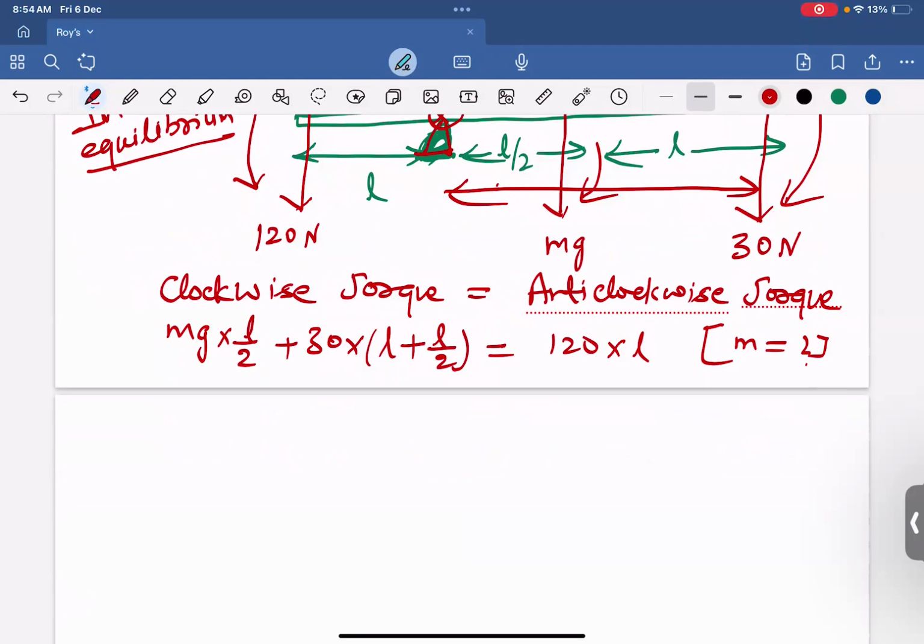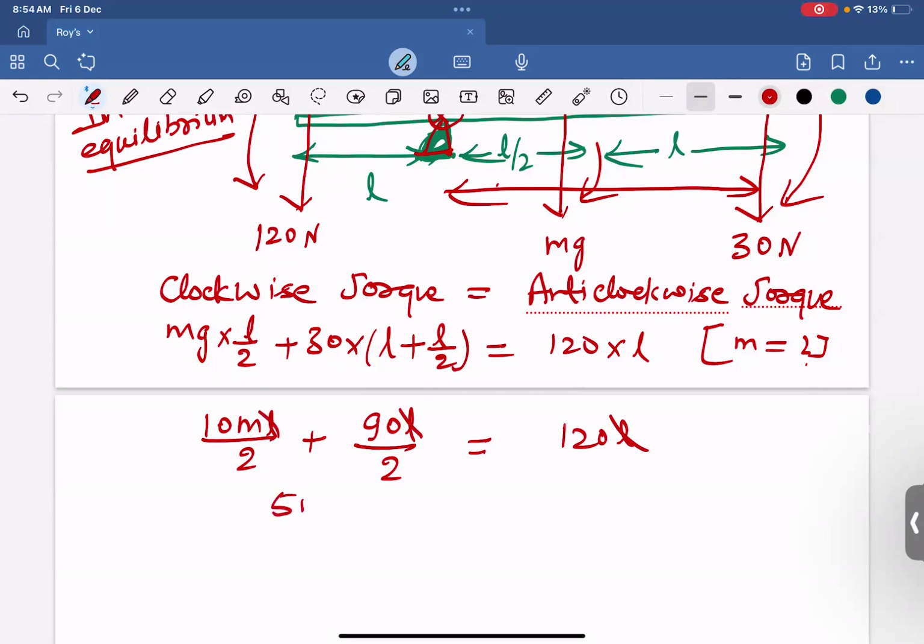Here you can take 10. So this is 10 ml by 2. This will be 3L by 2. 3 into 3, I can use 90 L by 2. And this is 120 L. L I think you can cancel.